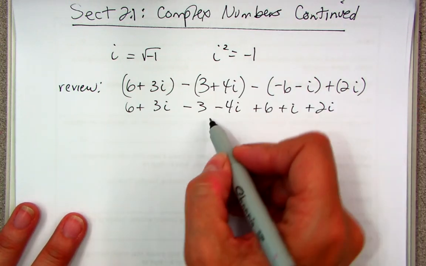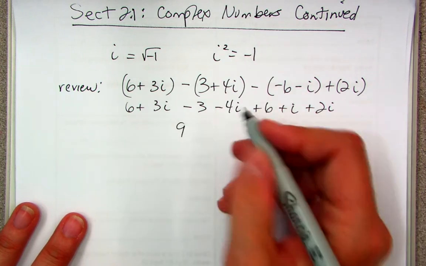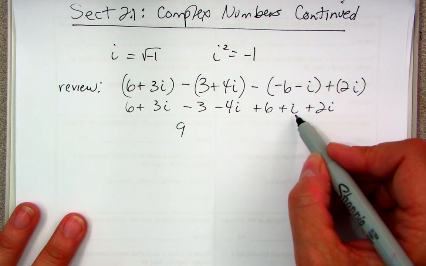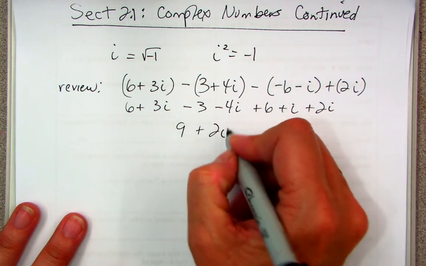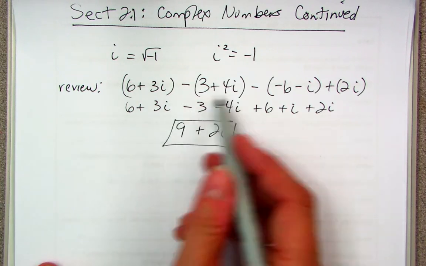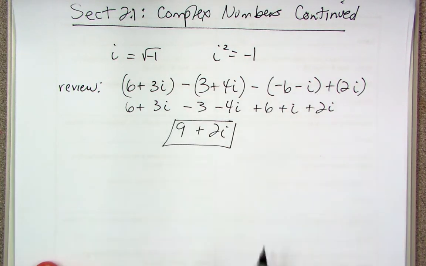So 6, it would be 3, it would be 9. Be 3, be -1, that would be 0, and that would be 2. So that's not subtracting or adding, it's adding and subtracting complex numbers.